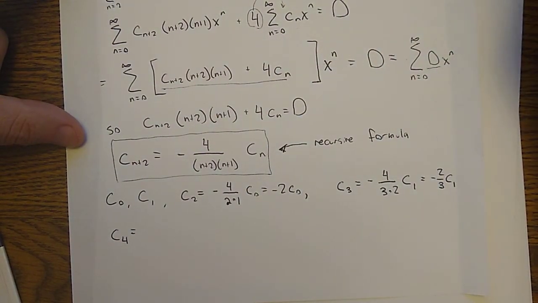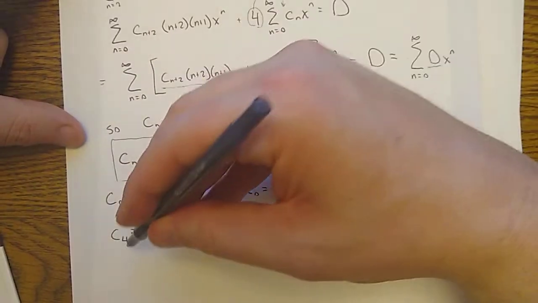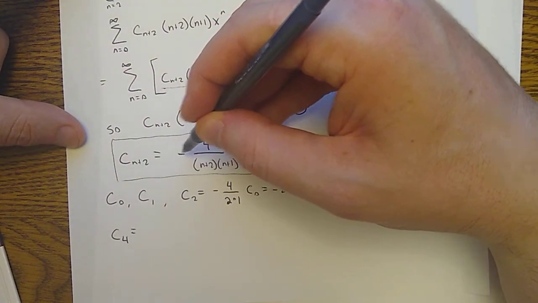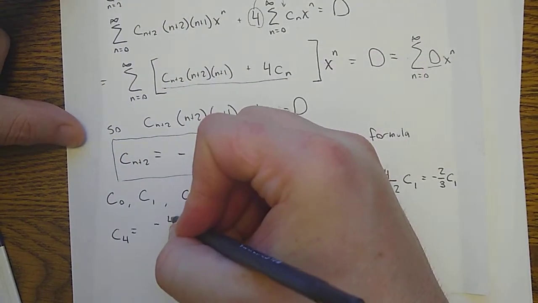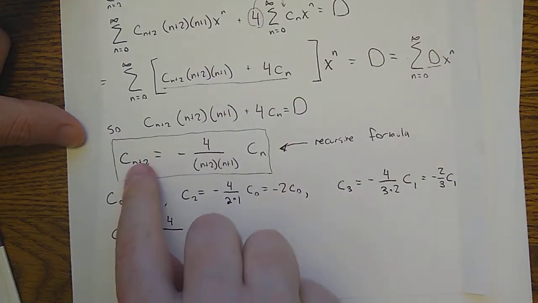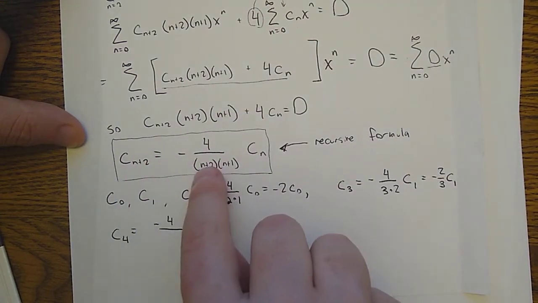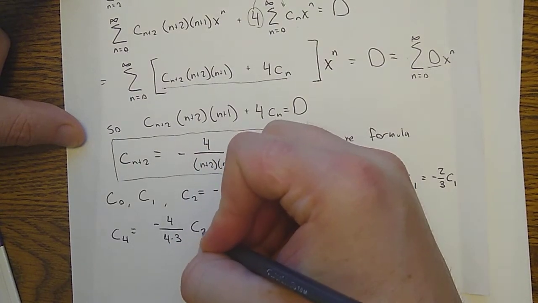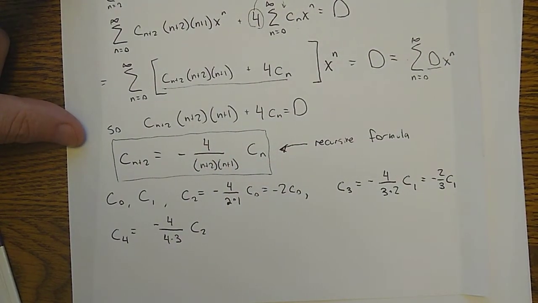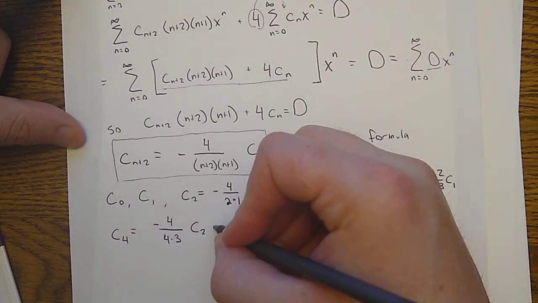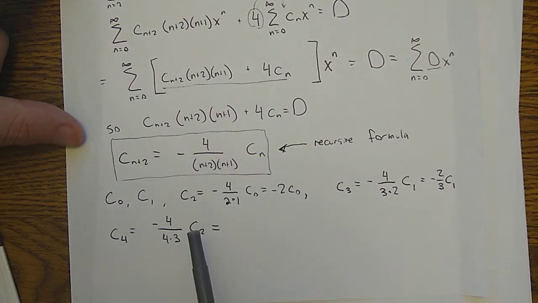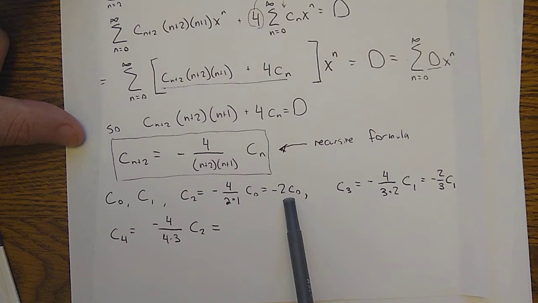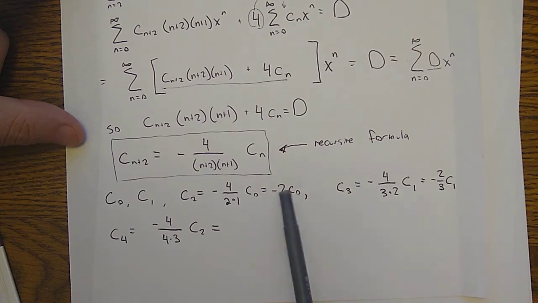C4 is what? Let's try to find a pattern here. C4 is negative 4 over, and I guess n is 2, so this would be 4 times 3 times C2. And then I can replace C2 with what it is, right?